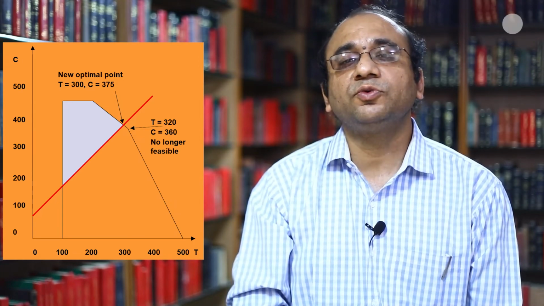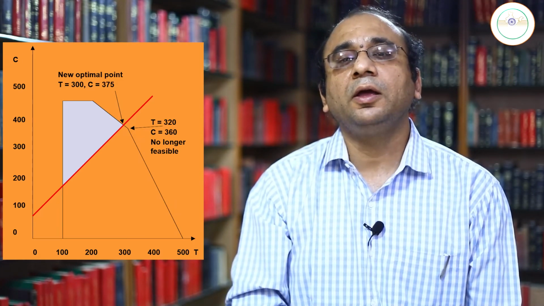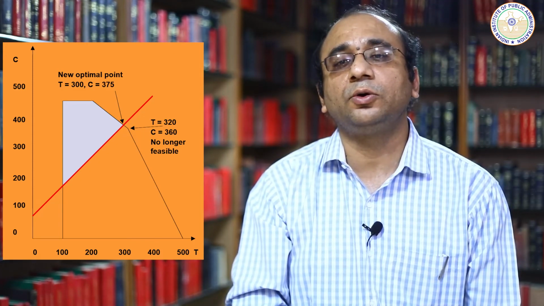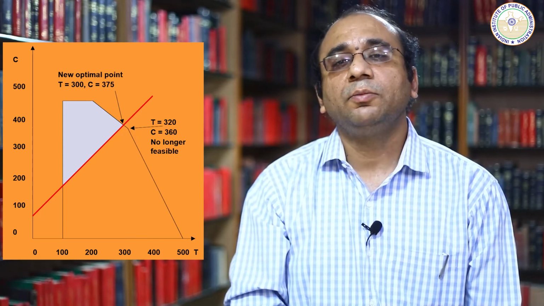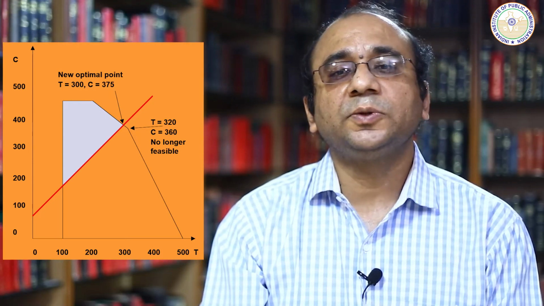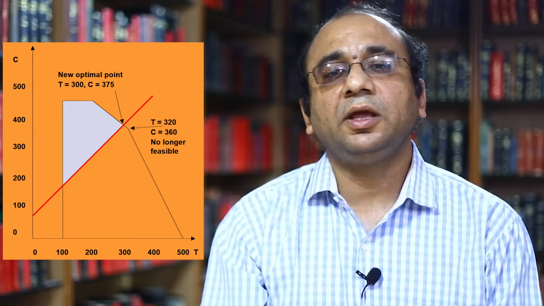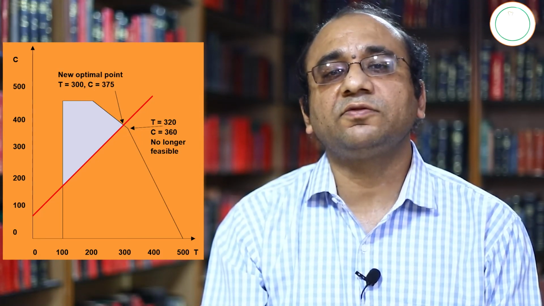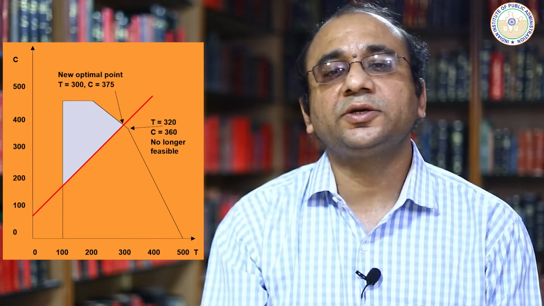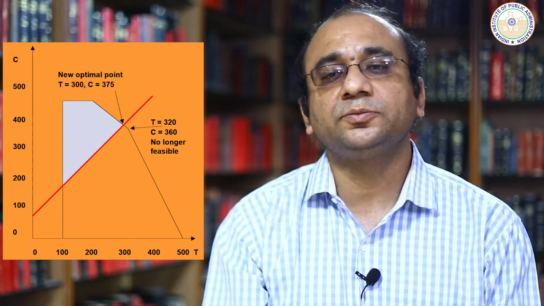With this additional constraint, my feasible area has been reduced, the new optimum point is on the same line, and my solution has changed: T is now 300 and C is 375.